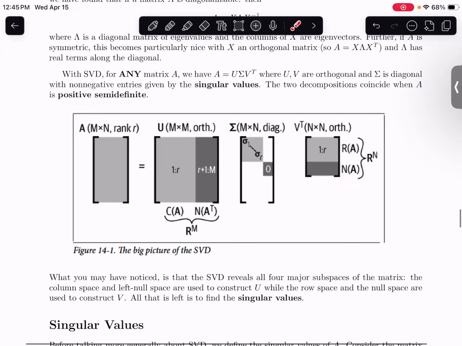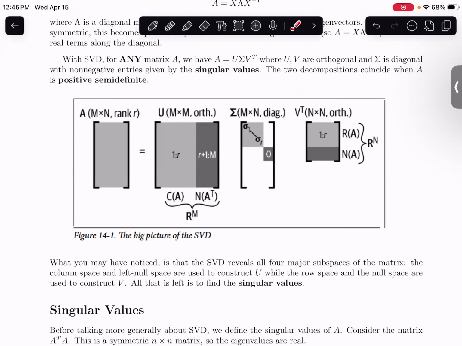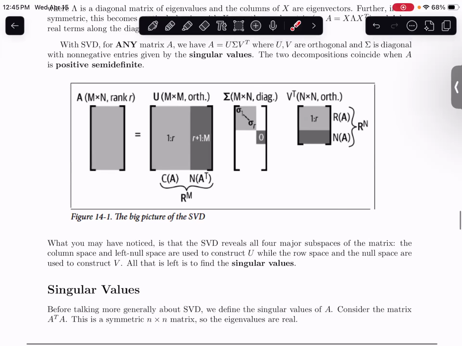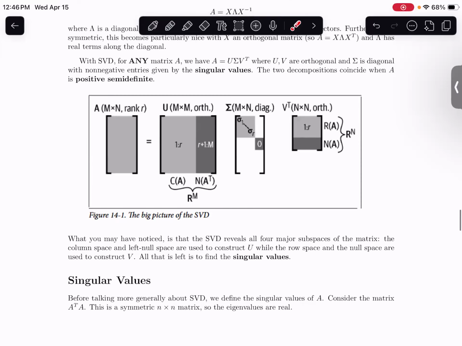And so one interpretation of the singular value decomposition is that it's really just putting together the four major subspaces we spoke about before, back in chapter 3, and then forming various matrices from them. The only thing that's really new is finding the singular values. But the nicer way of thinking about singular value decomposition is in terms of eigenvalues and eigenvectors.